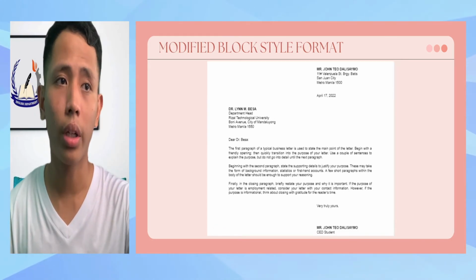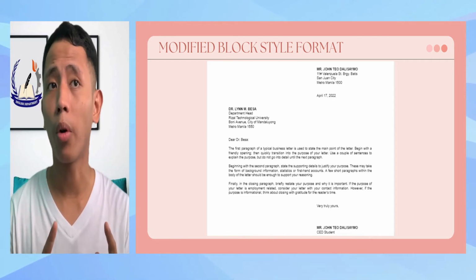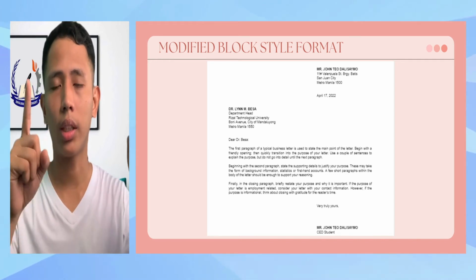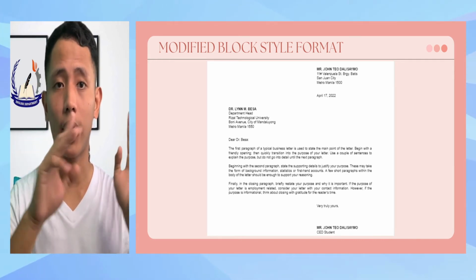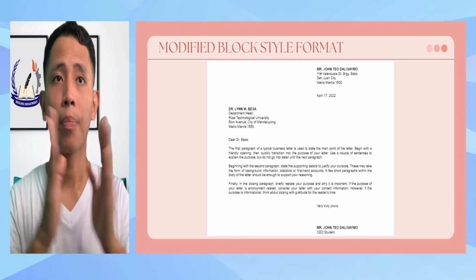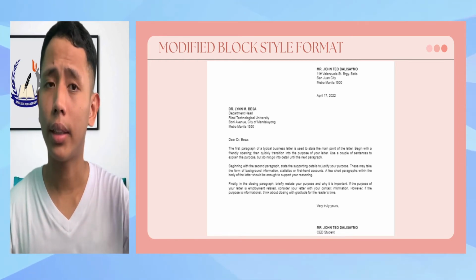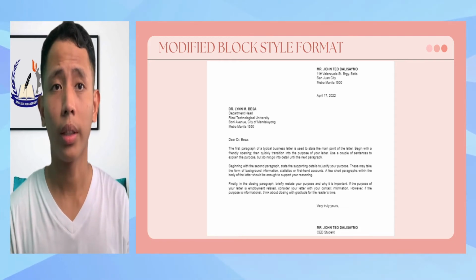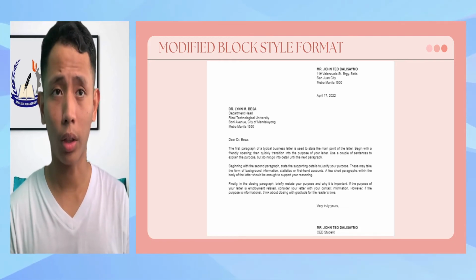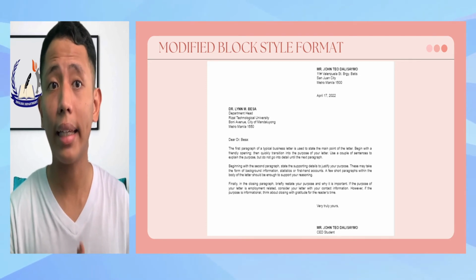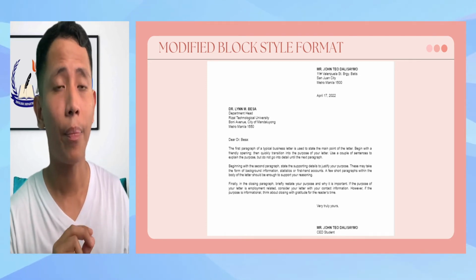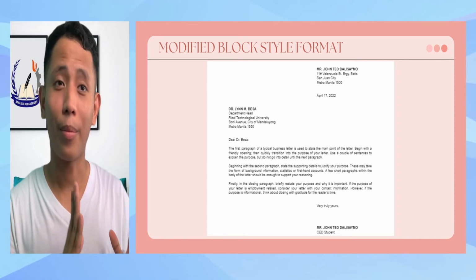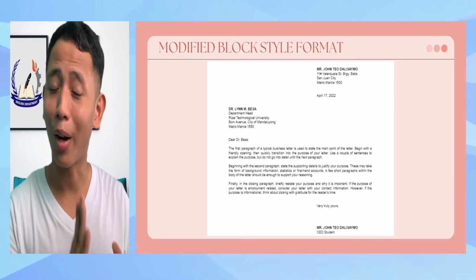In contrast, in the modified block style format, the letterhead is formatted in the middle part. You could see that the date line and the signatory part of the letter are aligned in the upper or the rightmost part of the letter.